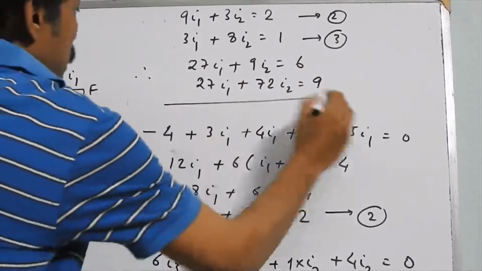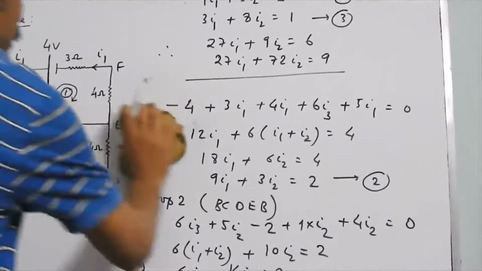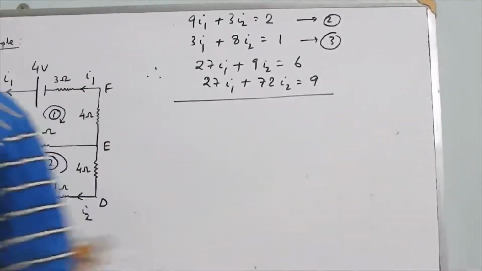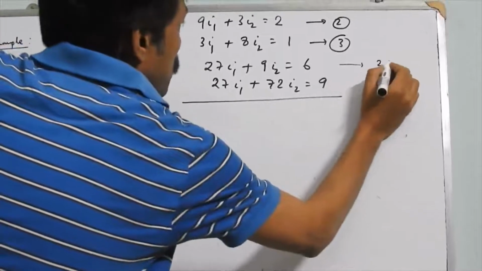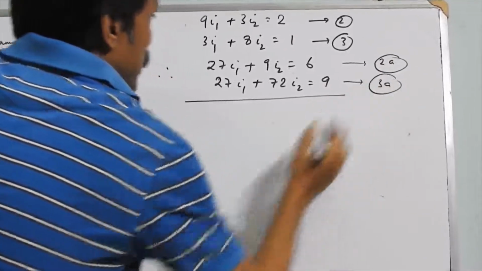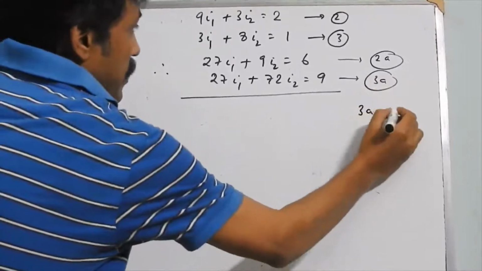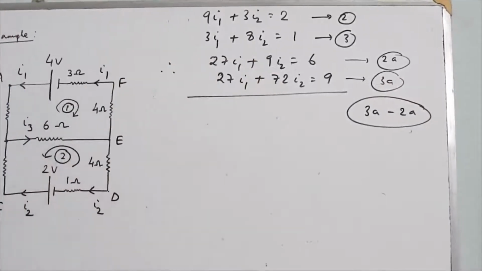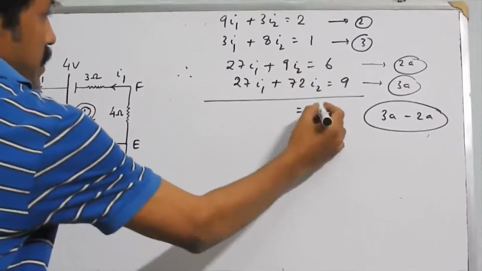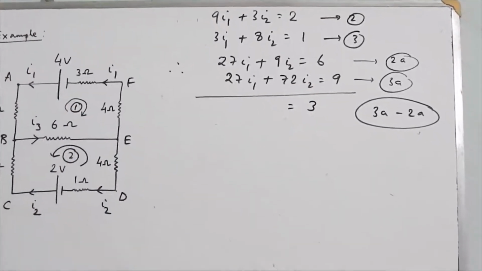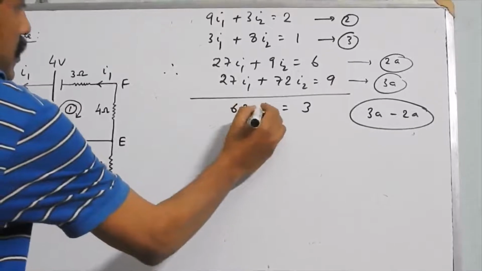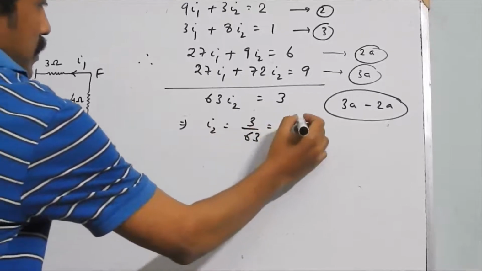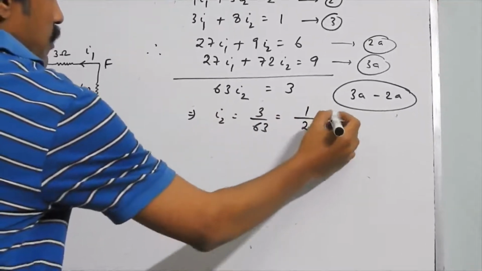So therefore if I subtract the second equation from the first, suppose this equation is 2a and this is 3a, and if I subtract 2a from 3a, then what I get is 27I1 will cancel out. 72 minus 9 must be equal to 9 minus 6, that is 3. So this is 63I2, which means that I2 is 3 by 63, which is 1 upon 21 ampere.